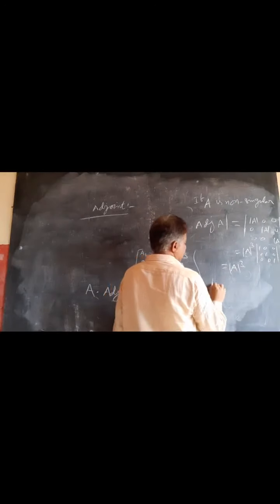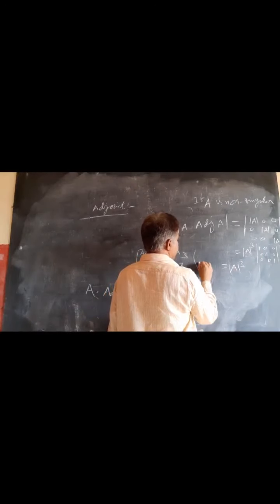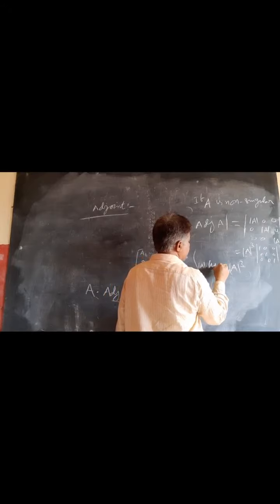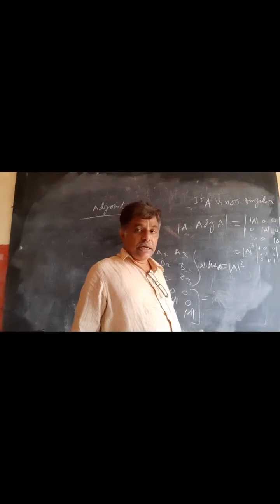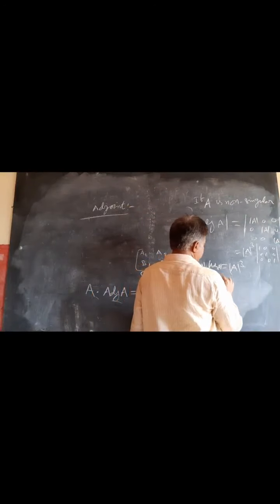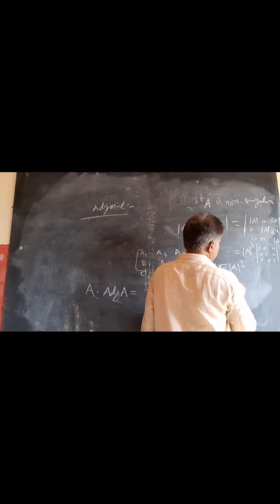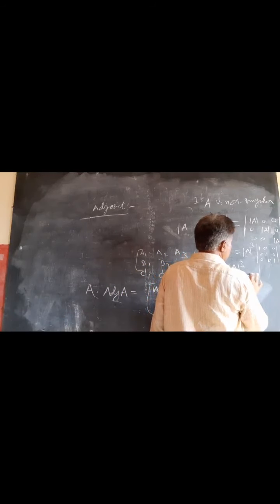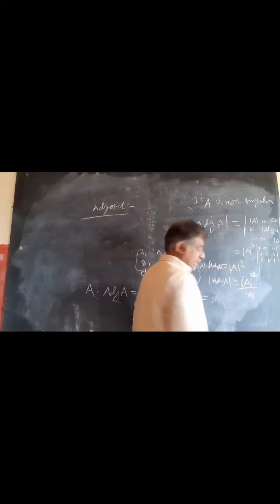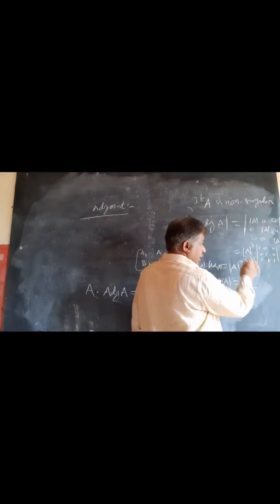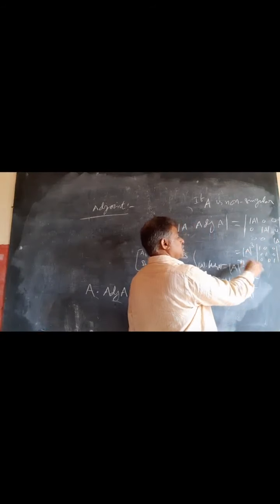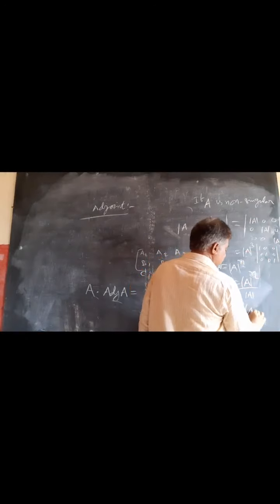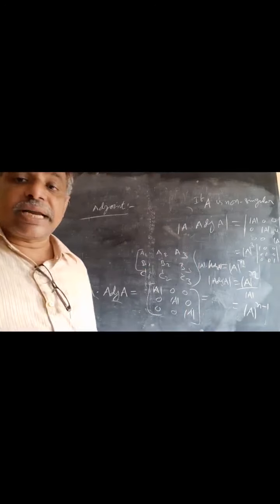Now det A comes inside. This det of adjoint A into det A can be written as det A into det of adjoint A, since det of AB is equal to det A and det B. Now this det A goes to that side. So for a 3 by 3 matrix, det of adjoint A equals det A cube by det A. If it is of order n instead of 3, then det A power n by det A is det A power n minus 1.